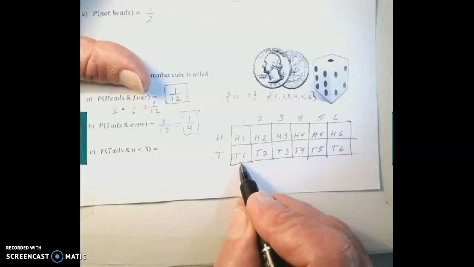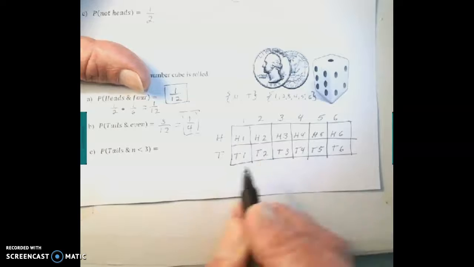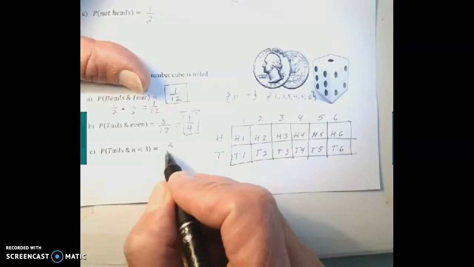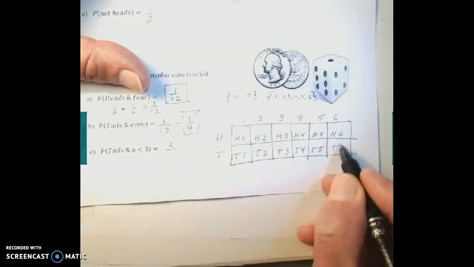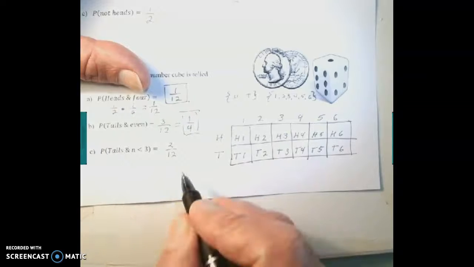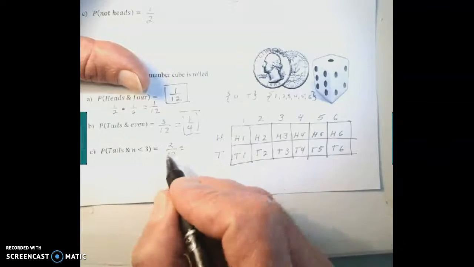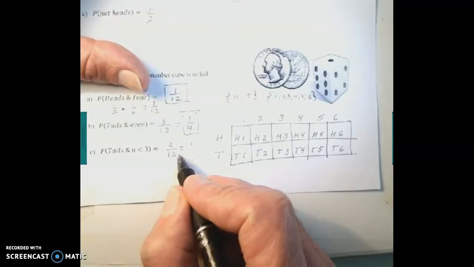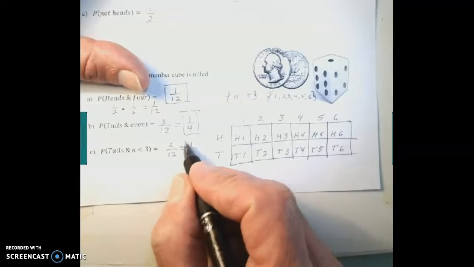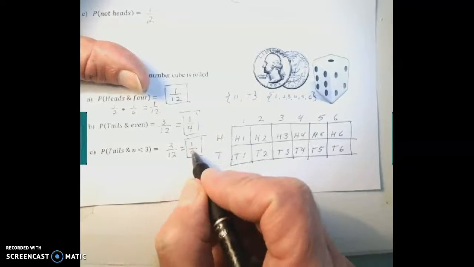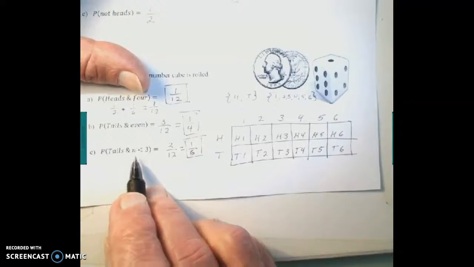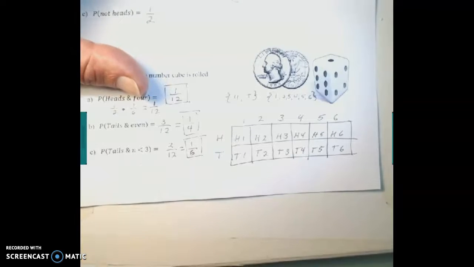These 2 are the favorable, T and a 1, T and a 2. So that is 2 favorable, again, out of 12 total possible. Again, reduce. Both can be divided by 2. 2 divided by 2 is 1. 12 divided by 2 is 6. That is your probability of getting tails and a number that is less than 3.